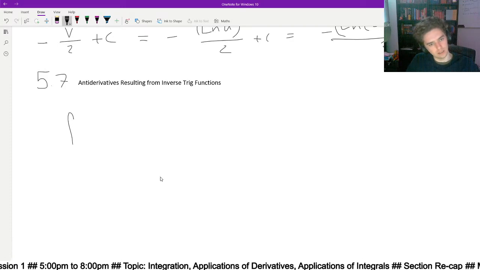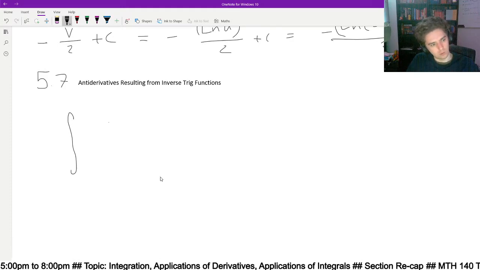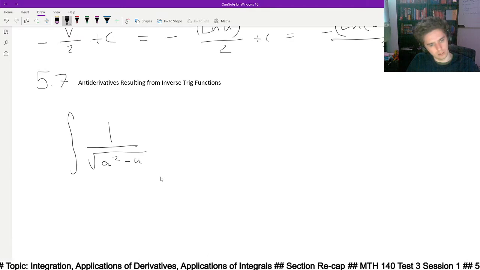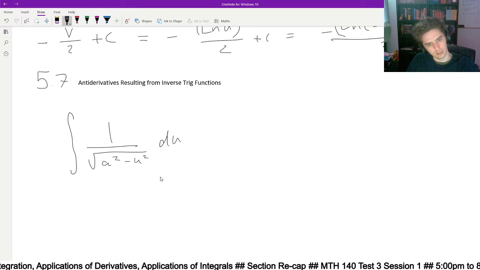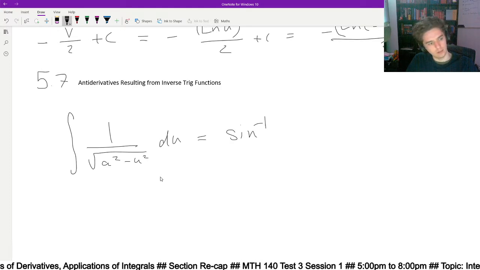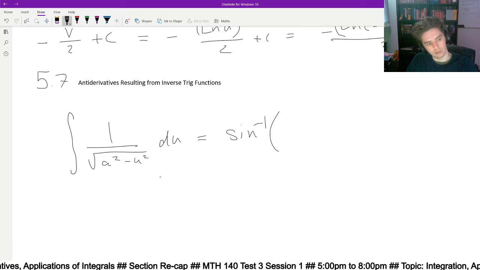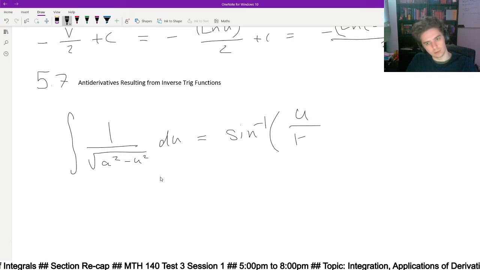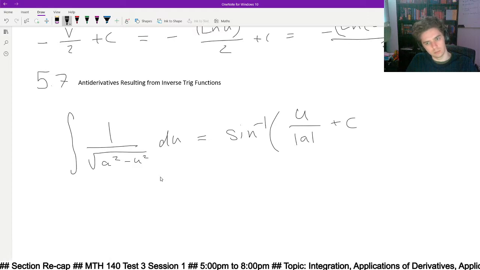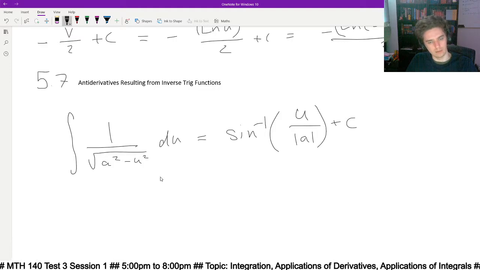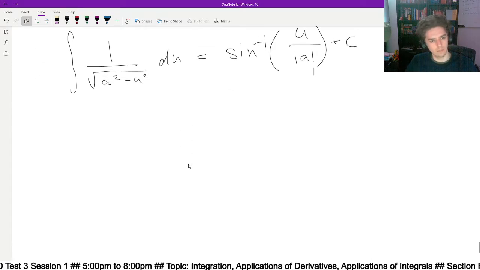So it's going to be the integral of 1 over square root of a squared minus u squared du equals sine inverse of u over absolute value of a plus c. So that's our first formula.